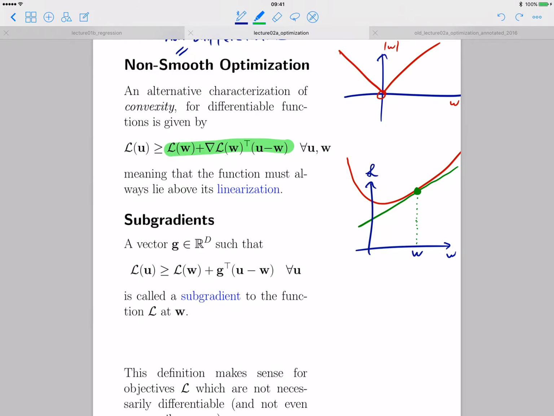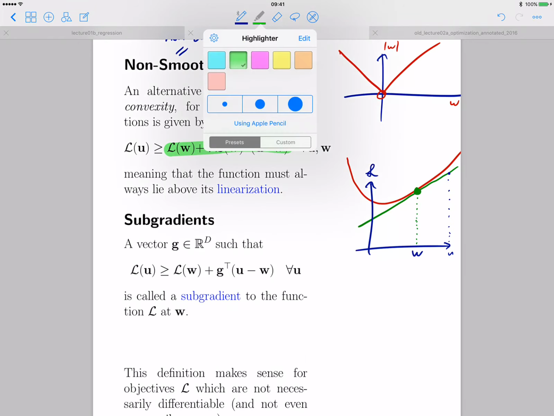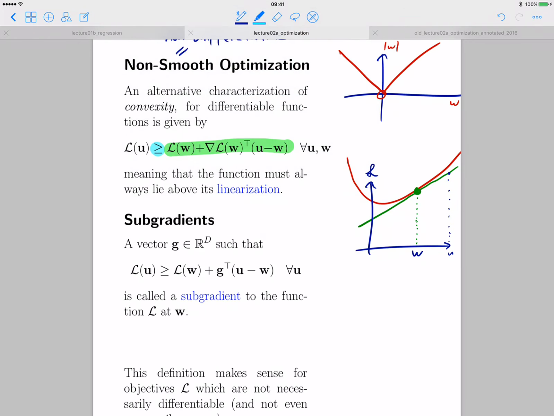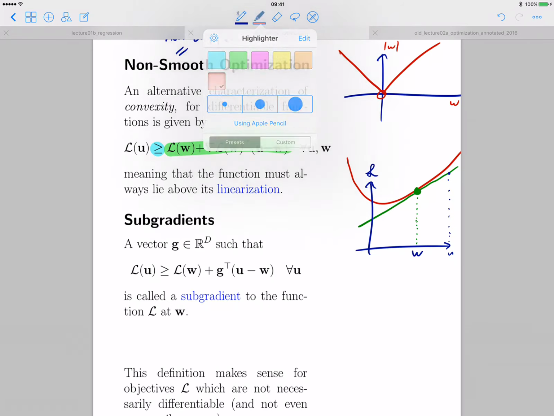You just take the gradient, and then if you want to know how this thing is at the point U, here is the formula. So this is U. For those of you who know the Taylor expansion, that's exactly the first order Taylor expansion of the function. The point is that if a function is convex, then it lies above that. So the true function, the red one, is actually above the green one, right?